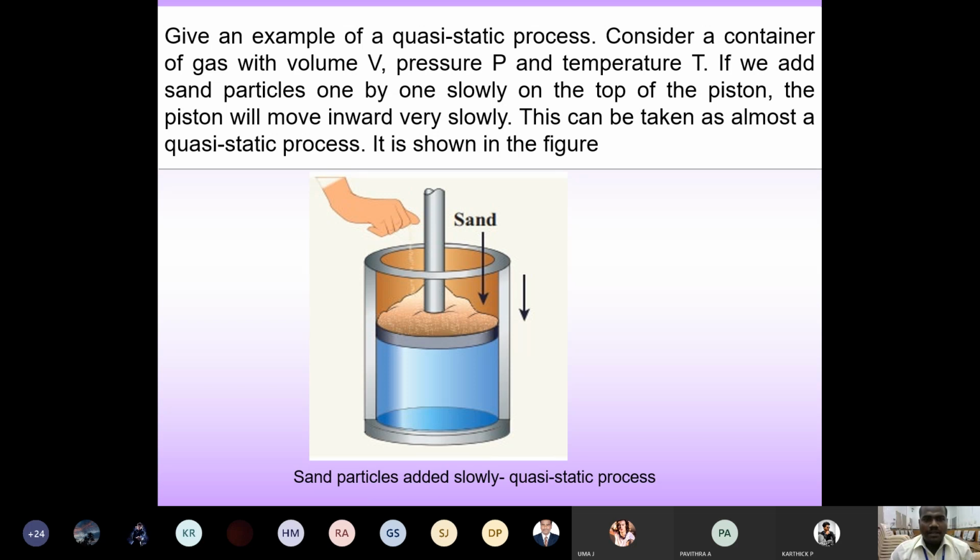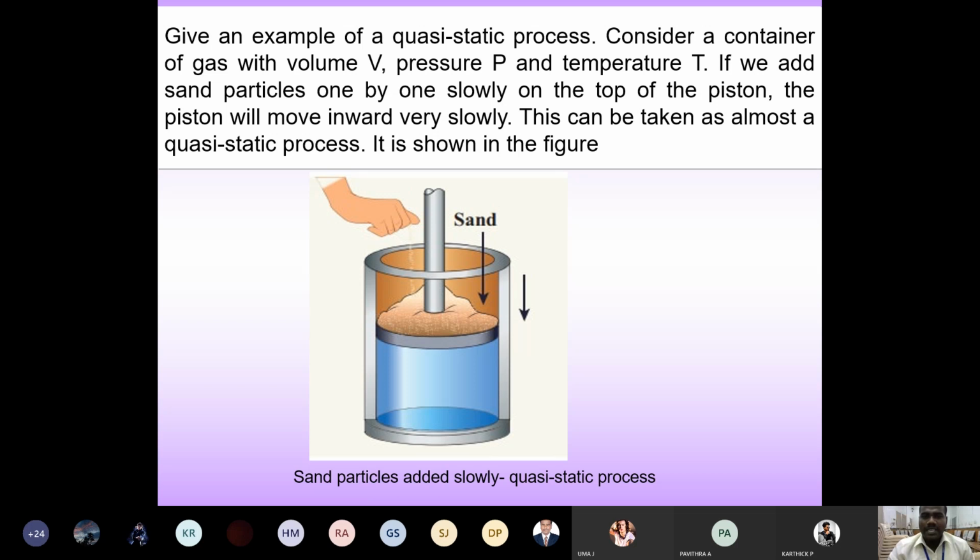This is an example of a quasi-static process. Consider a container of gas with a volume V, a pressure P, and temperature T. If we add sand particles, this is a quasi-static process. Sand particles won't change the properties suddenly, right? If we add the sand particles one by one slowly on top, the piston will move inward very slowly, right?